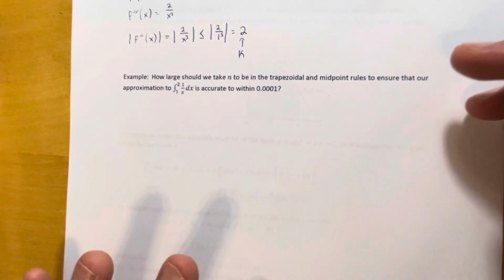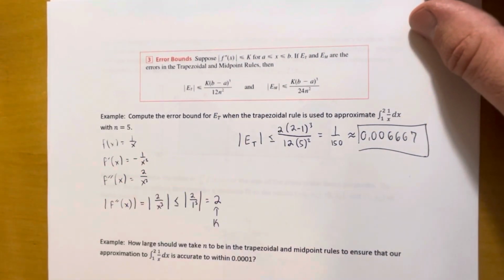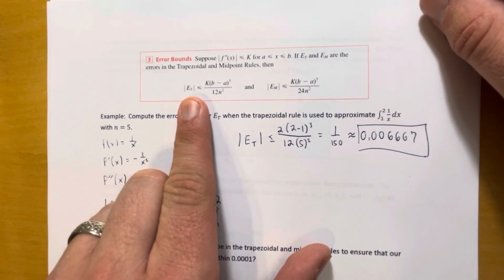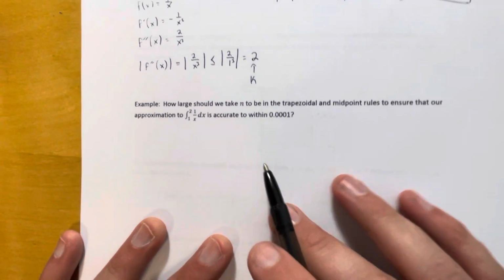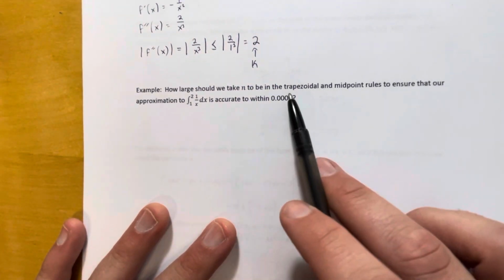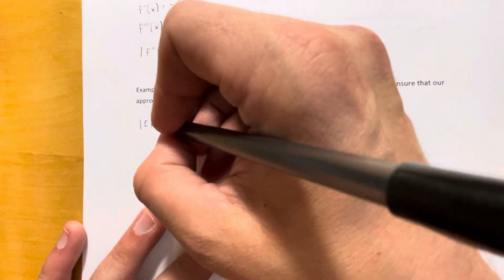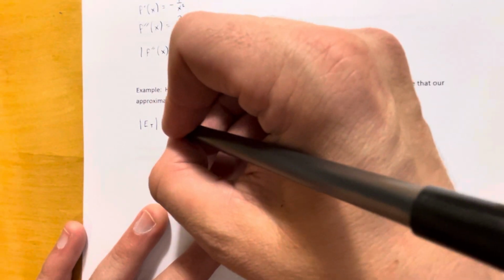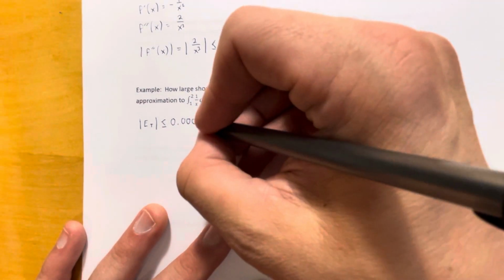The way that we do that is we use our approximation methods here. We don't know what n is, but we do know what we want our error tolerance to be. That's what's going to go here. So for example, for my trapezoidal rule, we know that we want the error to be no bigger than 0.0001.